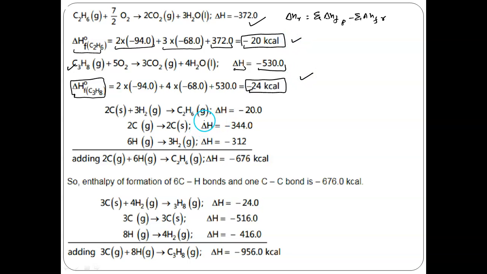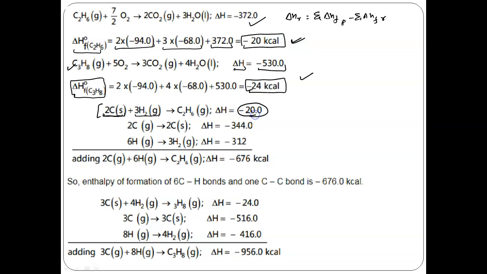Then when we go towards formation of C2H6, it has to be formed from the elemental state, right? The elemental state of carbon is in solid form. So it is carbon solid plus 3H2 giving us this. For this, the delta H we have found is equal to minus 20 kilocalories.